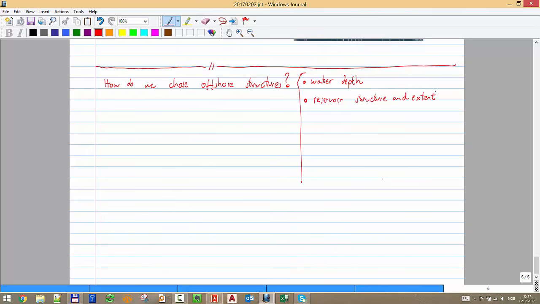Then another thing is ocean conditions, and that also has an effect on the loads that I will experience. The ocean conditions mean the wind, waves, and current that I have.